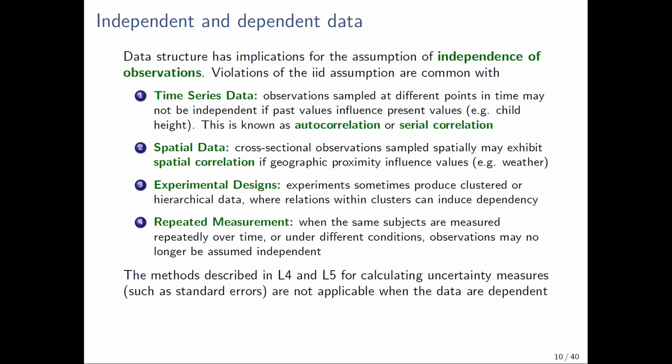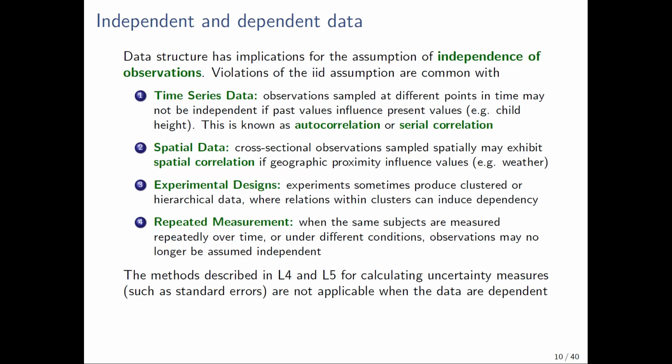First of all, in time series data, observations sampled at different points in time may not be independent because past values influence present values. We've talked about that previously when we introduced the concept of autocorrelation. An example would be child height. Clearly, the height of a child is dependent through time on the height of the same child.